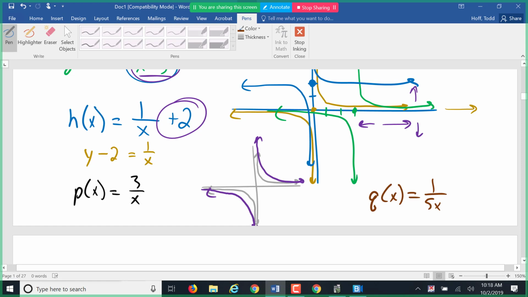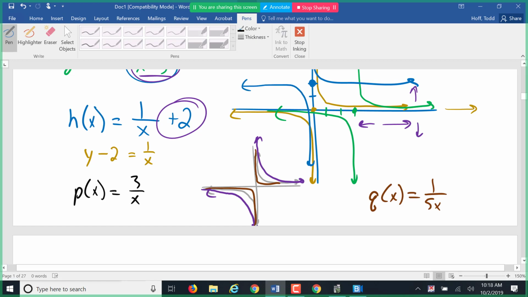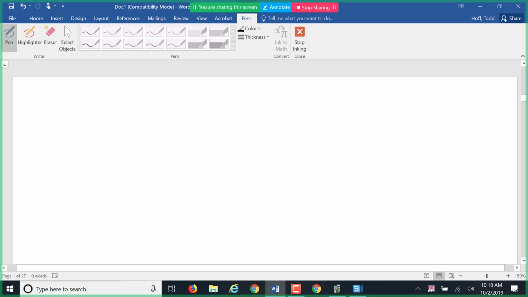Or actually, that's right, it dilates our graph on the x-axis. So 5x, now 1 behaves like 5. So it makes it tighter in like that. So all our common transformations, translations, and dilations apply to that.